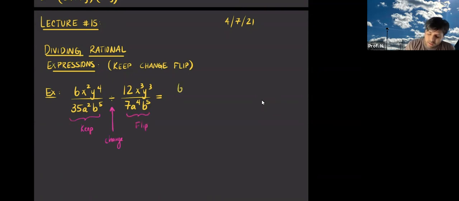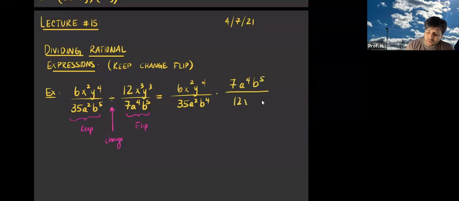So this will be 6x squared y to the 4th all over 35a squared b to the 5th, multiplied by 7a to the 4th b to the 5th power all over 12x cubed y cubed. Okay? And now division becomes multiplication.